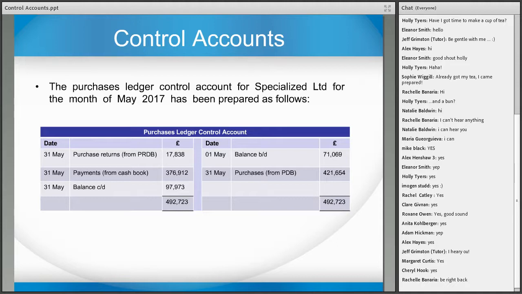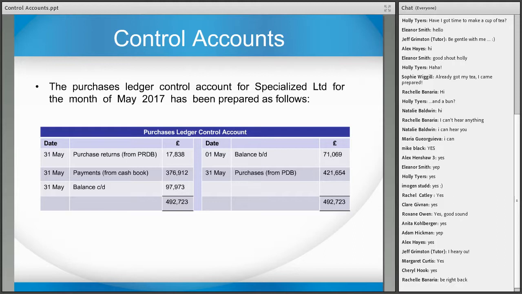We balance it off. The credit side will be the highest, and it equals 492,723. That's the total we put on the debit side, and the balancing figure, the balance carried down, is the actual balance on the account. Just bear in mind that the balance on that account is the 97,973.